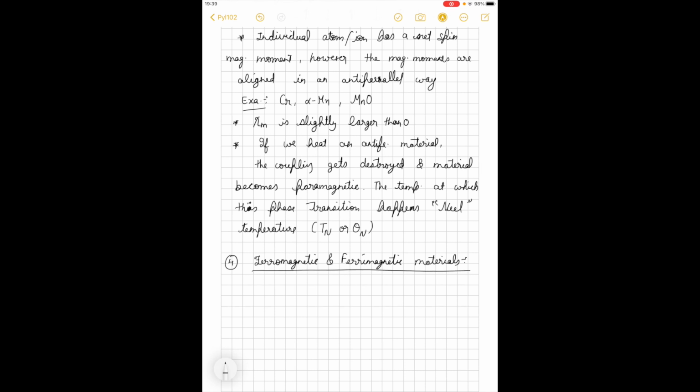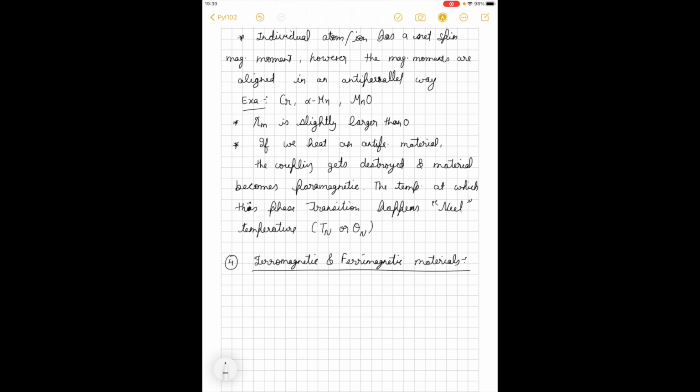So what happens in these materials? These materials have the strongest response to an externally applied magnetic field compared to all the categories that you have seen till now. In other words, you can think of these materials as way more susceptible to magnetic field than any of the other materials.